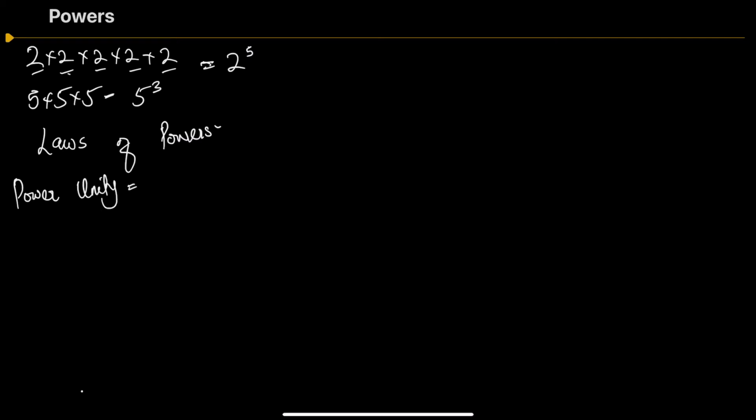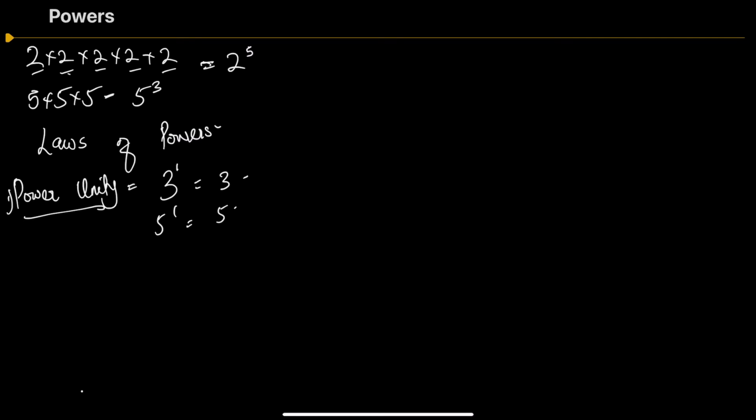It states that whatever is raised to 1 is basically itself. So if you have 3 raised to the power 1, then it's equal to 3. If you have 5 raised to the power 1, it equals 5, because this is only one case of 5, so it just becomes 5. This is the first law of power.